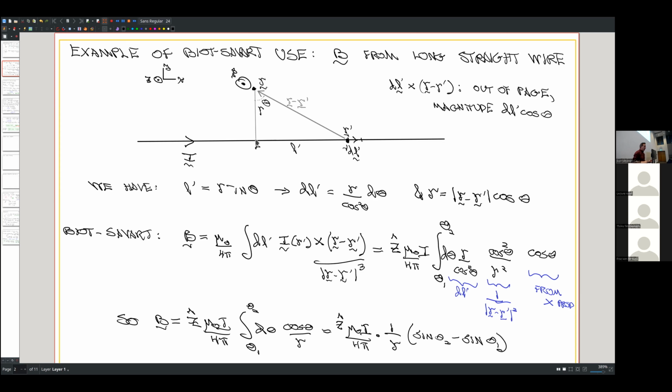The intensity of the contribution from the little segment here, well, we just have to work it out in detail. Okay, so let me just get.